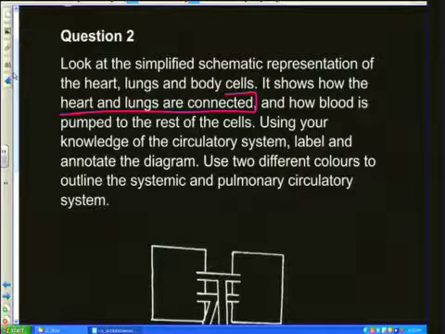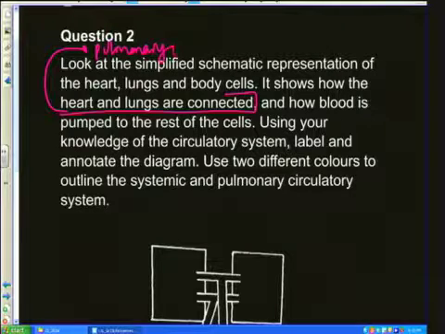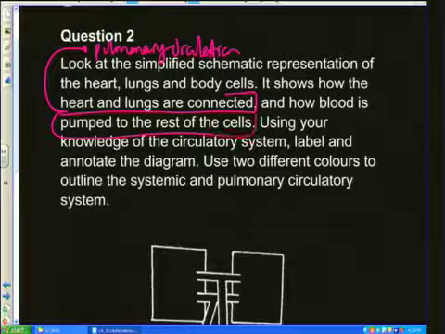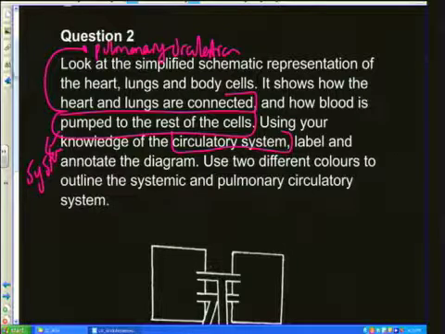So what are we thinking there? Pulmonary circulation. Okay. And how blood is pumped to the rest of the cells. What would that be? Okay, my systemic circulation. Using your knowledge of the circulatory system, which is comprised of those two, label and annotate the diagram.